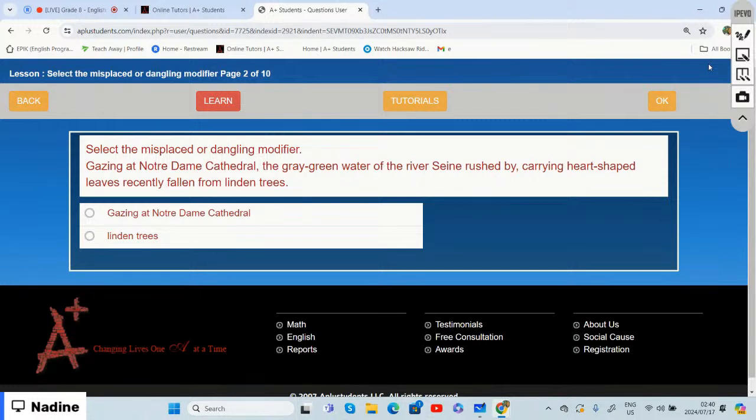So here the next one says gazing at Notre Dame Cathedral, the grey green water of the river Seine rushed by, carrying heart shaped leaves recently fallen from linden trees. We need to say if it's either misplaced or dangling modifier, which is either Notre Dame, gazing at Notre Dame Cathedral, or linden trees.